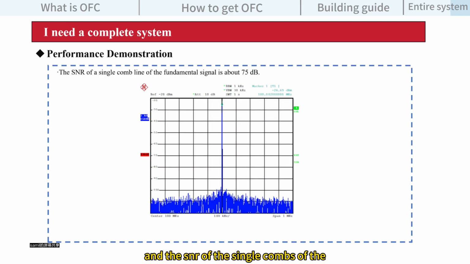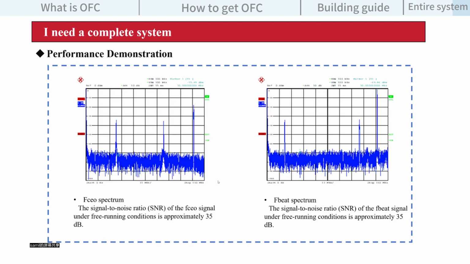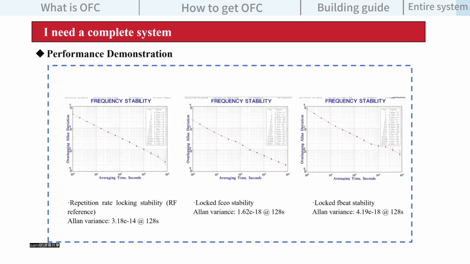And the SNR of the single comb line of the fundamental signal is about 75 dB. And we show the FCO spectrum and the beat frequency spectrum. The SNR is approximately 35 dB for both.